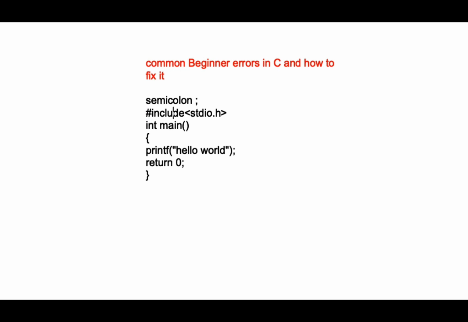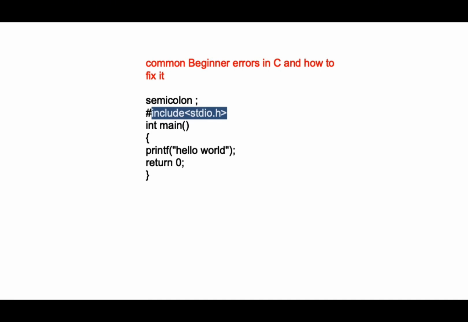So if you write include stdio, it does not know if you're trying to tell him to locate a library. This hash tells him that you're trying to point to this library, then it's going to go to the library and bring functions, every tool it needs to execute this program.